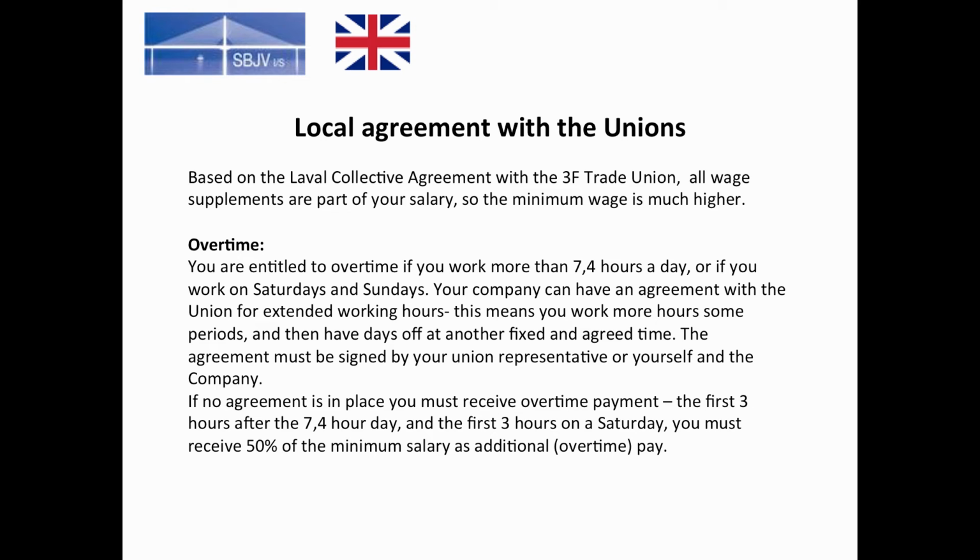The agreement must be signed by your union representative or yourself and the company. If no agreement is in place, you must receive overtime payment. The first 3 hours after the 7.4-hour day and the first 3 hours on a Saturday, you must receive 50% of the minimum salary as additional overtime pay.